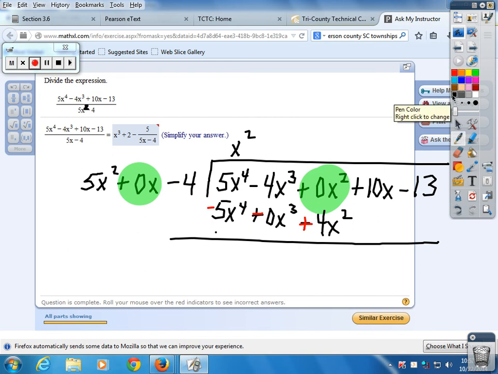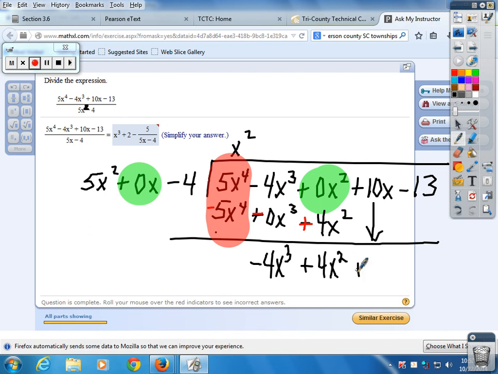The first term cancels out, leaving negative 4x cubed, 0x squared plus 4x squared is plus 4x squared, and then the 10x helps out. Now you've got another 3-term polynomial to match this 3-term polynomial. You keep going, same process over and over, until you get down to a zero remainder or a number remainder.